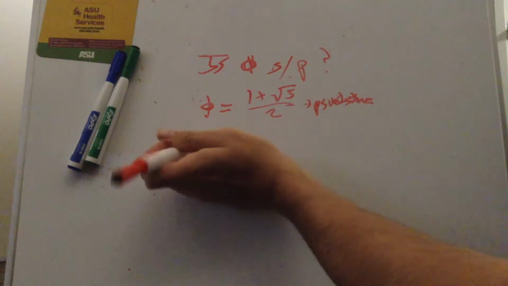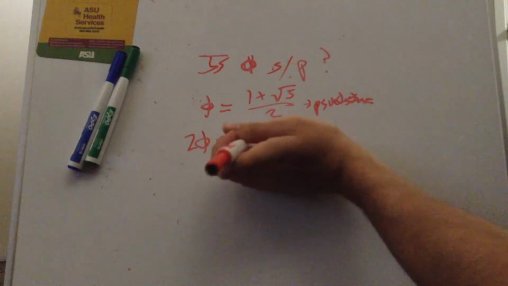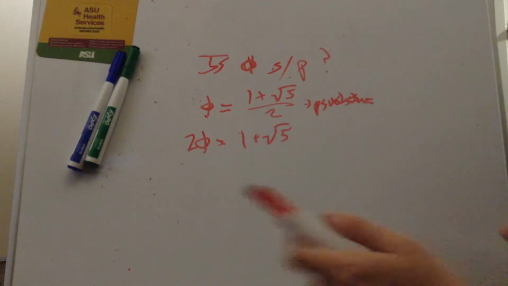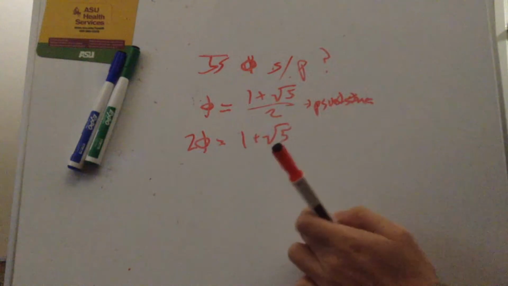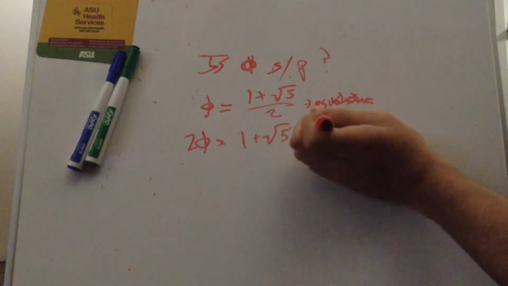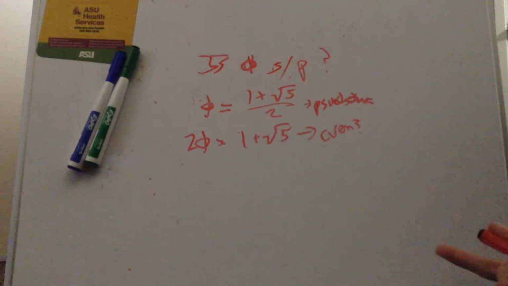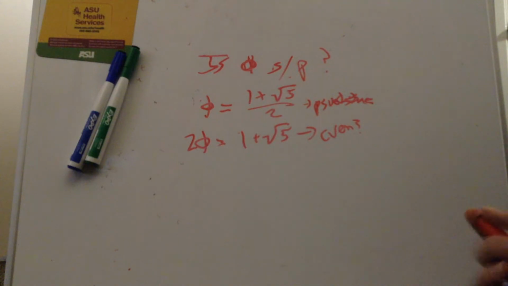But if we multiply by 2, phi becomes 1 plus root 5. And if you go all the way back to part 2, this is odd, so the sum of these must be even. So an even number is a pseudo-Steve.